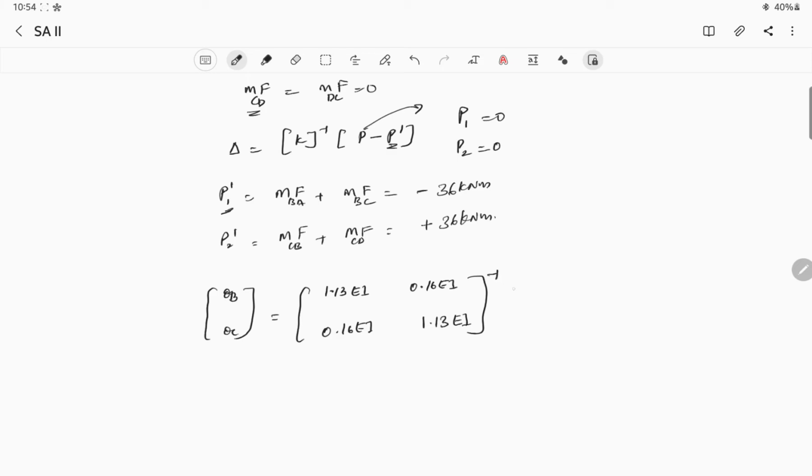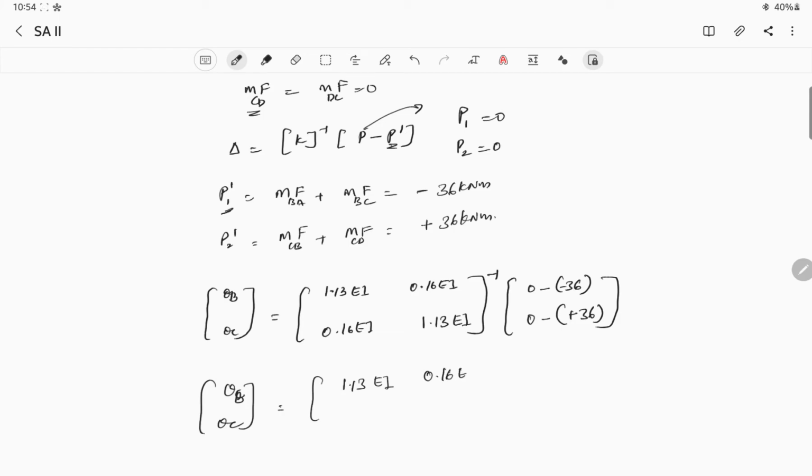We have to inverse this matrix into P minus P dash, where P1 and P2 are equal to 0 and 0, minus of minus 36, and here plus 36.